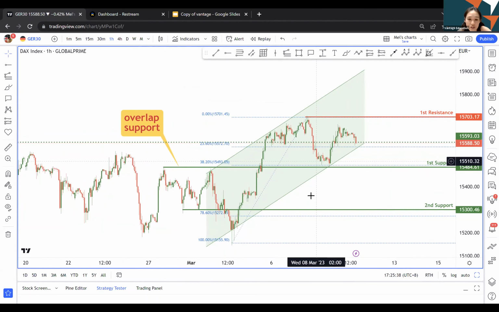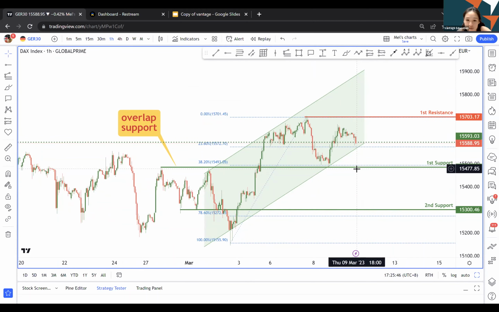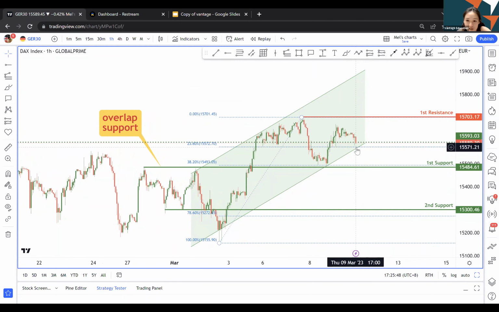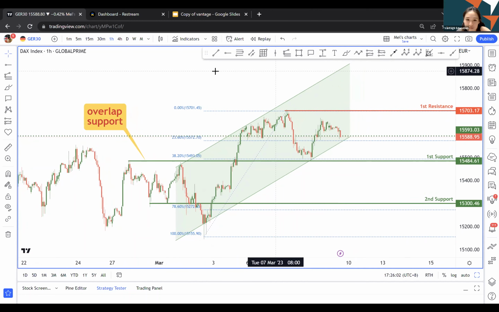So you want to follow the general trend of this chart, which, as we've established earlier, is a bullish trend. So we could see price dropping to the bottom of our trend channel before bouncing off again and approaching our first resistance. So that's our general analysis.